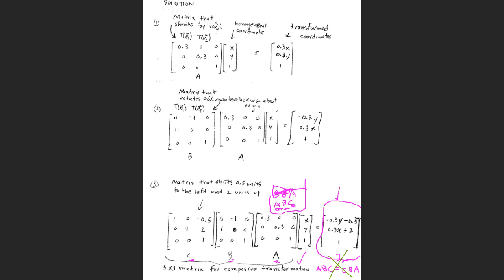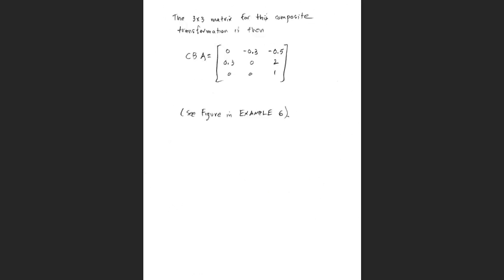And so now the final answer, if we multiply C times B times A, and you can work it out by hand, it's not a problem, but you can use MATLAB to do C times B times A. Hold on. This would be your result. And that will be the 3 by 3 matrix for that composite transformation.